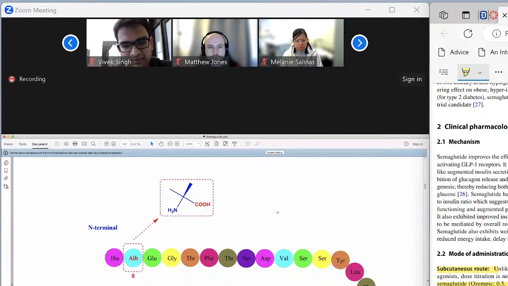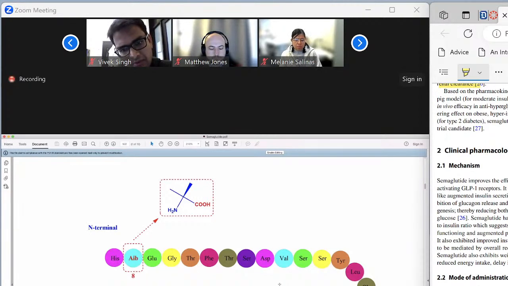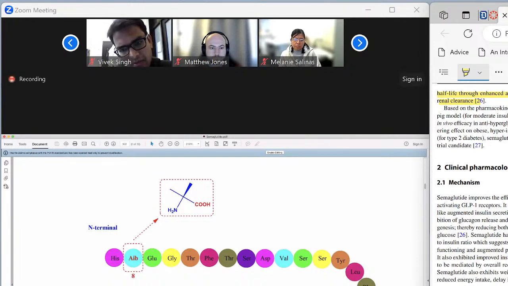So backing up a little bit, this analog of GLP-1 binds to its receptor. Any thoughts on what kind of receptor GLP-1 is?